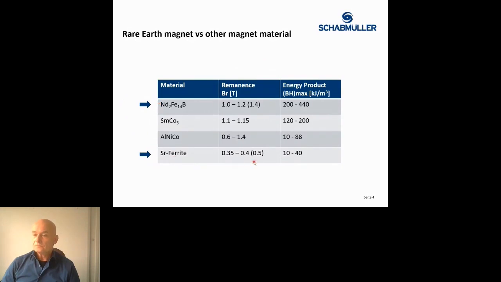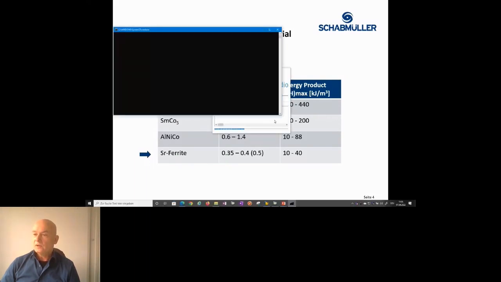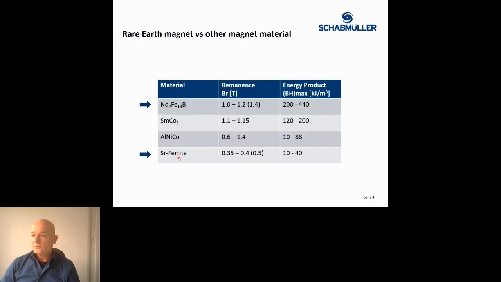One can see that the ferrite materials appear to be much weaker compared to the rare earth magnet materials. You can find in the middle the samarium cobalt and the alnico magnets, which are not so much in use anymore. So let's focus a little bit on the rare earth and the strontium ferrite magnet material.